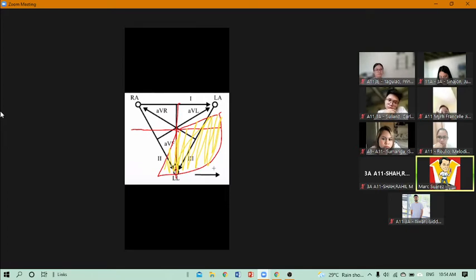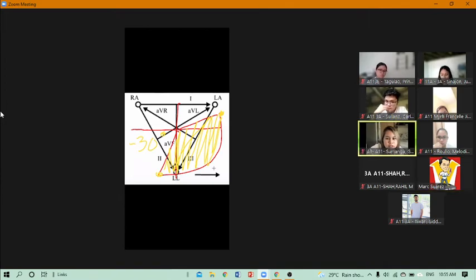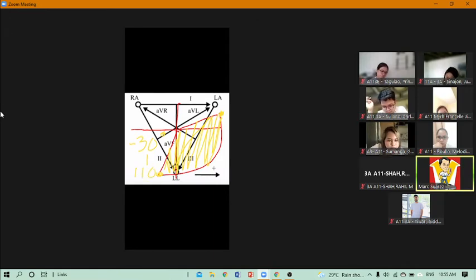Which corresponds to negative 30-degree position, right? Negative 30 all the way to 100 degrees, so 100 or 110 degrees. Okay?